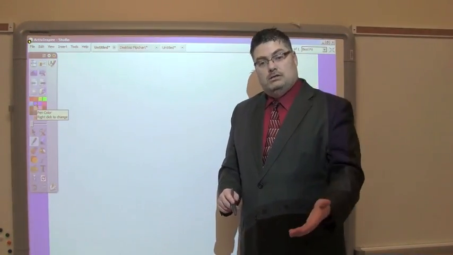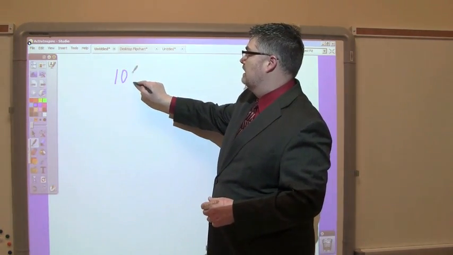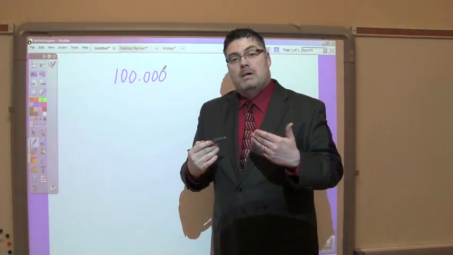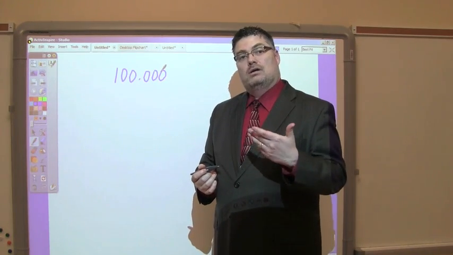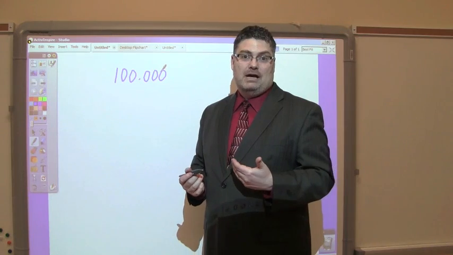Okay, so let's look at how we calculate the taxable value of a $100,000 house. What many people don't know is that you are not taxed on the entire $100,000 of the house. You're taxed on 35% of the value of your house.